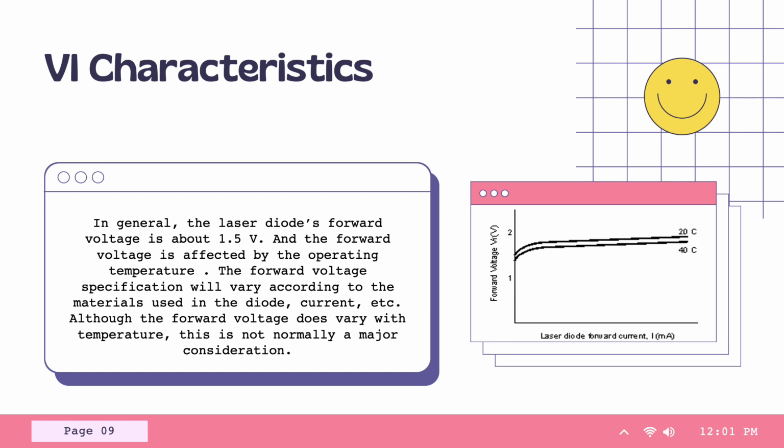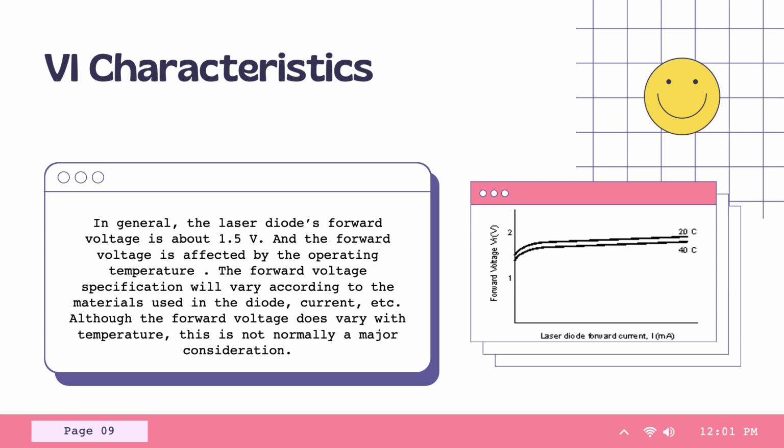For the VI characteristics, in general, the laser diode's forward voltage is about 1.5 volts, and the forward voltage is affected by the operating temperature. From the diagram, it can be seen that the voltage across the laser diode is typically around 1.5 volts.